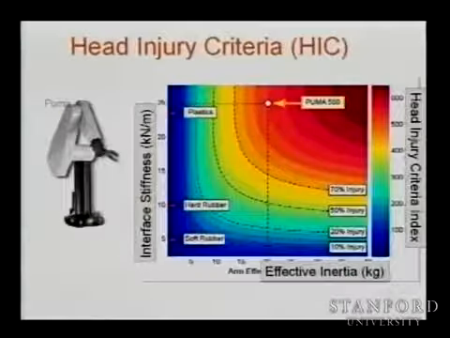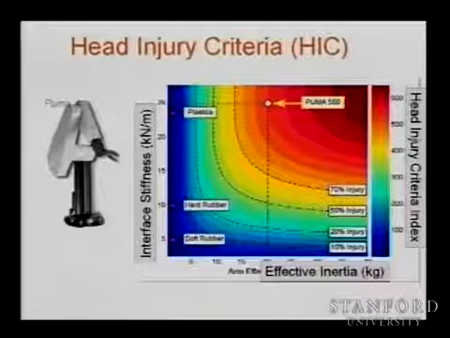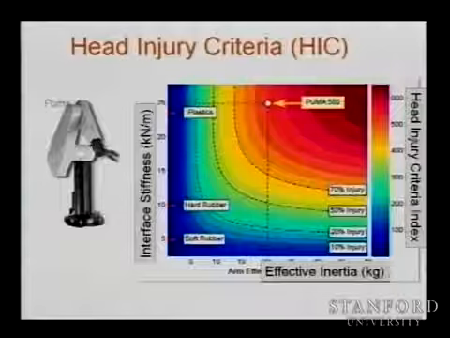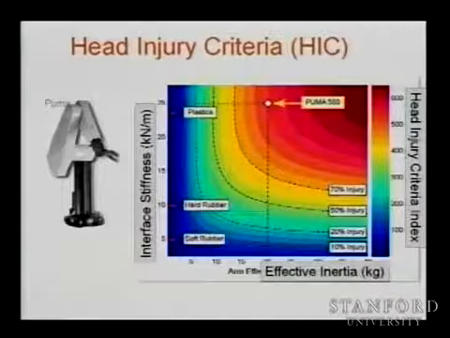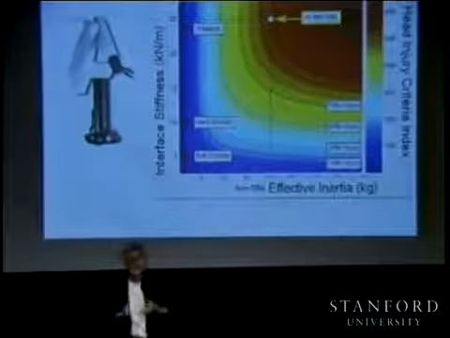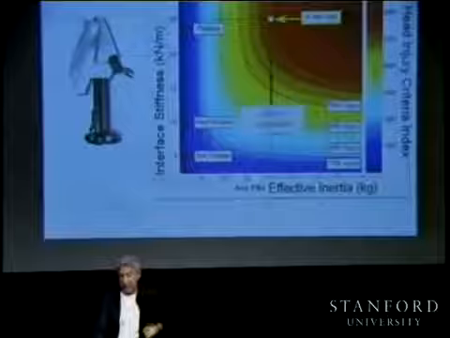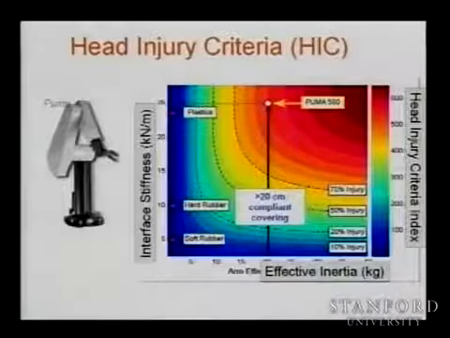In fact, if you think about it, in this plane where we are looking at the effective inertias and the stiffness, we can see that a Puma robot is sitting here at almost 90% risk of serious injury. And the only way you can make it safe is by covering it with almost 20 centimeters of compliant material. So I don't know, it will be really, really big.